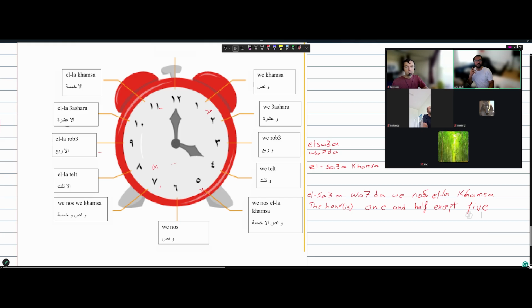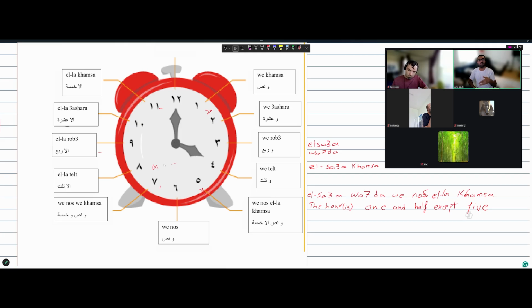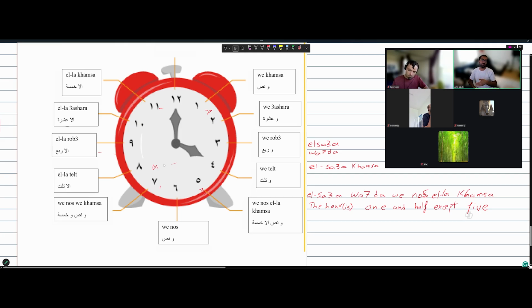It becomes ونص وخمسة, so a half and 5, so 35 minutes. At 25, it's a half minus 5, and then it's half plus 5. And then إلا تلت is minus a third, إلا ربع minus a quarter, إلا 10 minus 10, إلا خمسة minus 5.